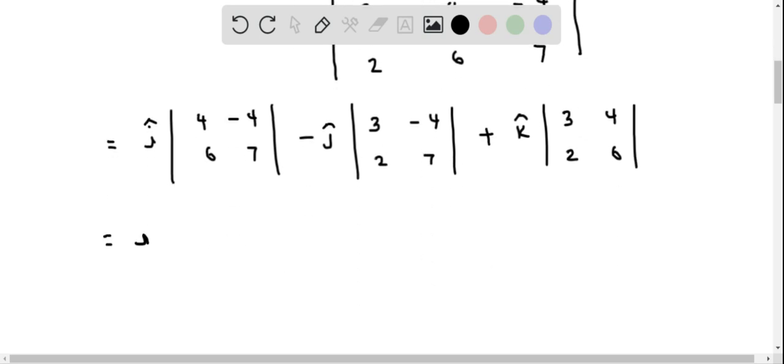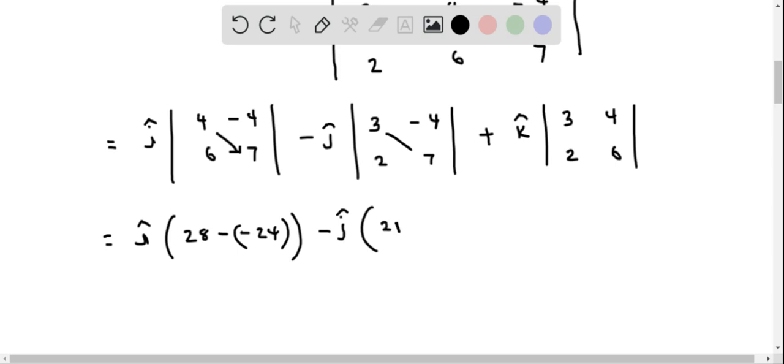This equals i unit vector times the diagonals: 4 times 7 is 28, minus 6 times negative 4 is negative 24, minus j vector times 3 times 7 is 21, minus 2 times negative 4 is negative 8, plus k vector times 3 times 6 is 18, minus 2 times 4 is 8.